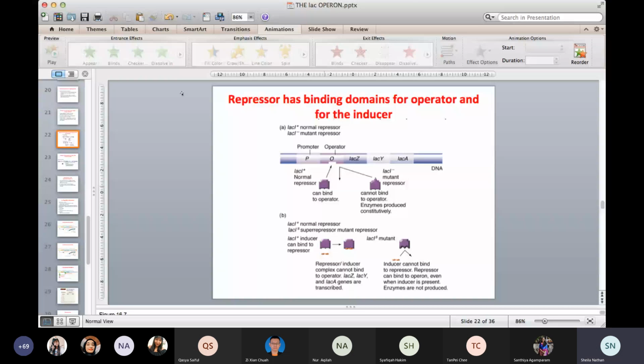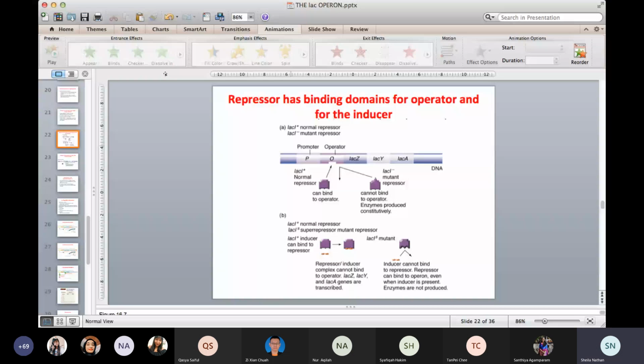Because of the different shape, it doesn't fit into the operator site, so it cannot bind to the operator. This means that the promoter is free. RNA polymerase will come and bind to the promoter and switch on transcription of Z, Y, and A.